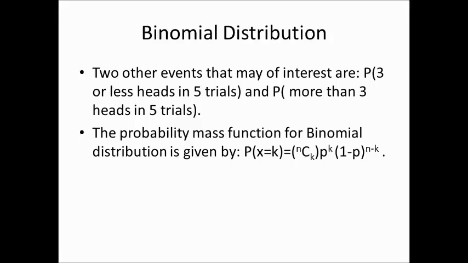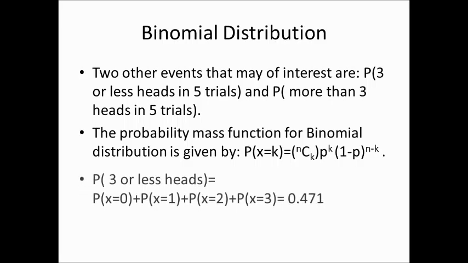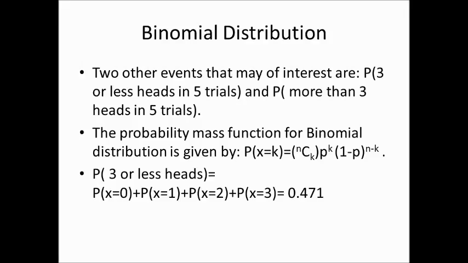Another parameter is small p, which is typically represented in most of the textbooks. Small p represents the probability of success in each trial. So probability X equals k is given by a combination of k out of n, small p raised to the power k, 1 minus p raised to the power n minus k.